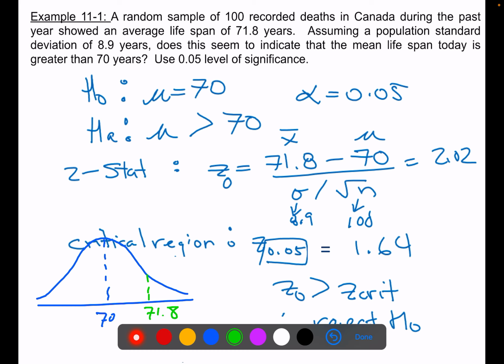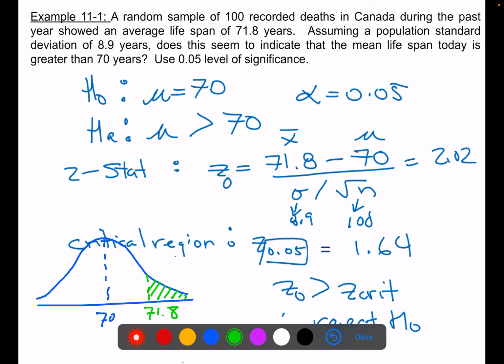I'm looking at a one-sided hypothesis test, right? So I'm only interested in mu being more than 70. That means I'm interested in the probability that my actual mean is 70, but I get a sample mean of size 100 with a mean of 71.8 or higher, right? So that's the area under the curve that I'm interested in.